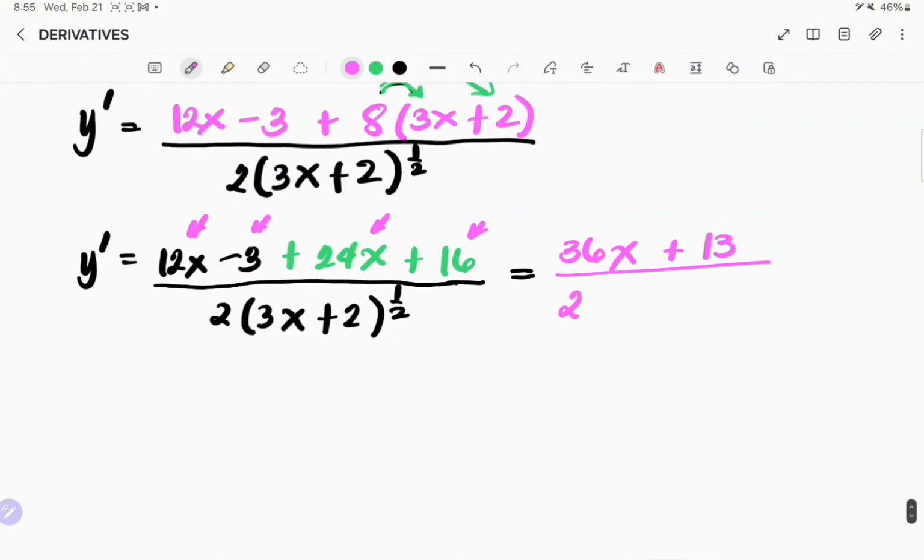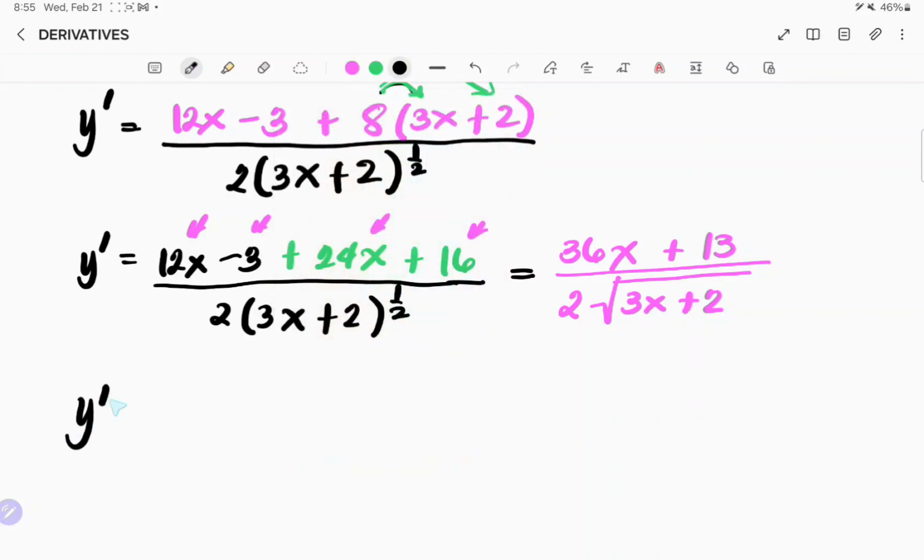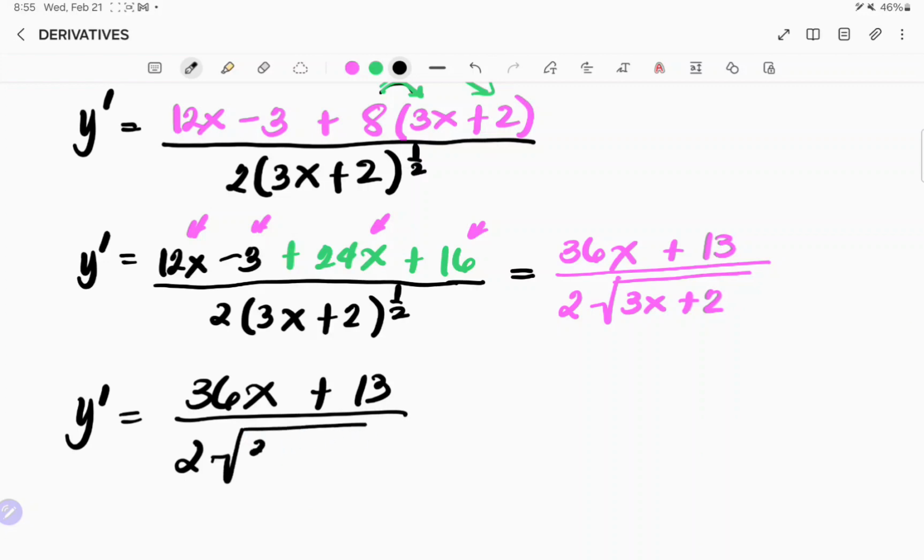And we can already transform 3x plus 2 raised to 1 half into radical form, which is square root of 3x plus 2. So our y prime is equal to 36x plus 13 over 2 times the square root of 3x plus 2.